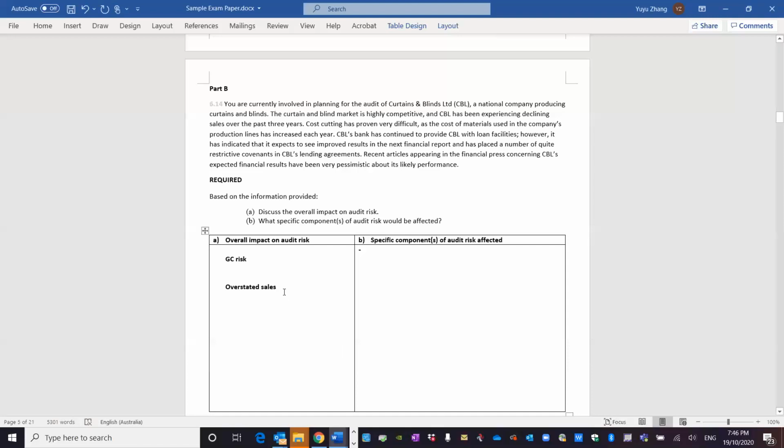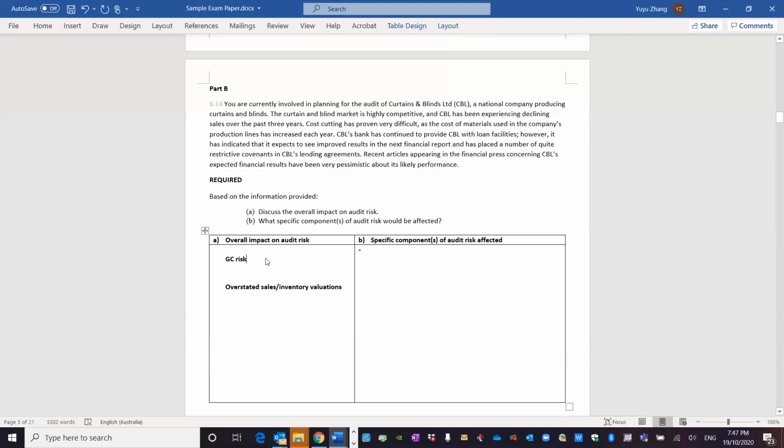And overstated sales and also inventory valuations. Okay. One more suggestion. No, okay. So we got enough actually.